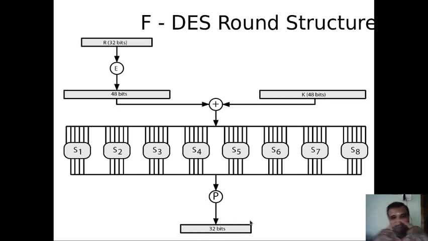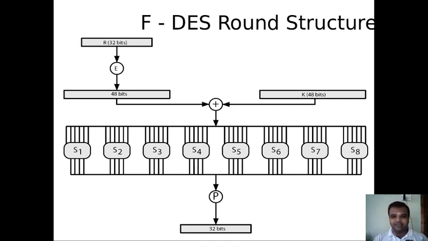So in the function for round 1, you have 32 bits of input going in, which gets expanded to 48 bits, XORed with 48 bits of the round key, giving 48 bits divided into 6 bits each, which go into substitution boxes and come out as 4 bits each, 32 bits, again a permutation, and you get 32 bits of output.